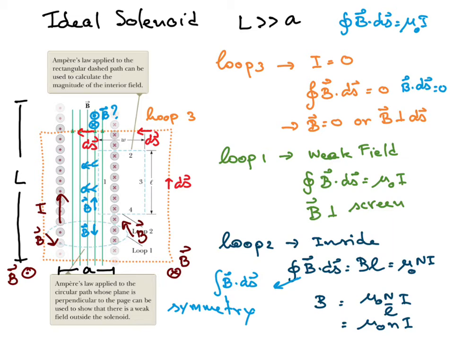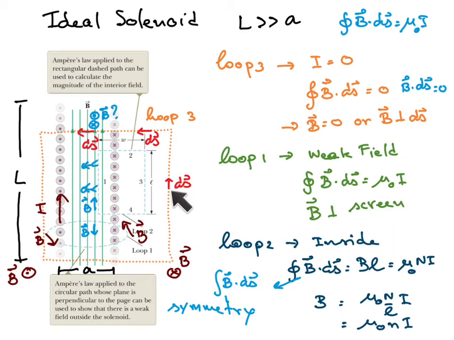Okay, so when we look at loop number 2, we have discussed it before when we discussed Ampere's Law. That is, the direction of ds must follow the right hand rule.